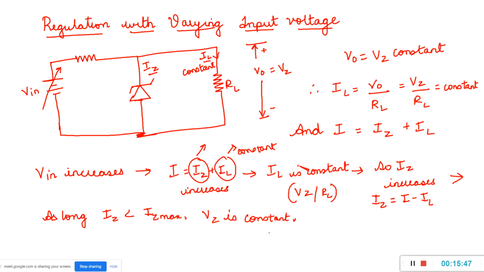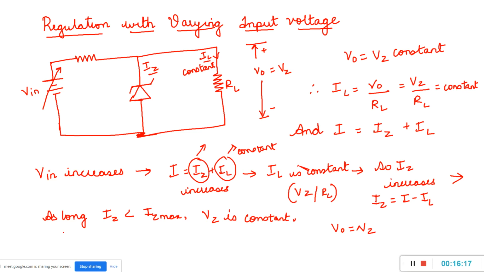That means we can have a constant output voltage V0 equal to Vz. Because IL is constant, only Iz increases or decreases. As long as Iz is lesser than Iz max, it works as a shunt regulator, providing a constant output voltage.